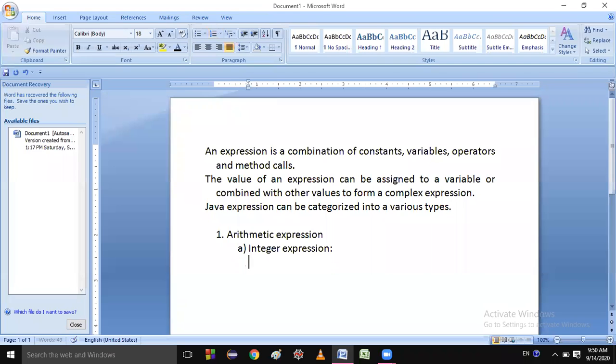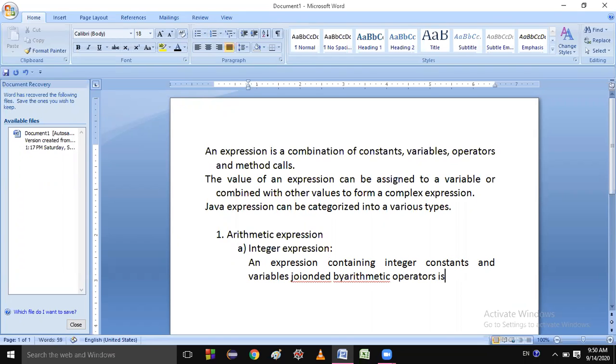So you can write like this: an expression containing integer constants and variables joined by arithmetic operators is known as an integer expression.